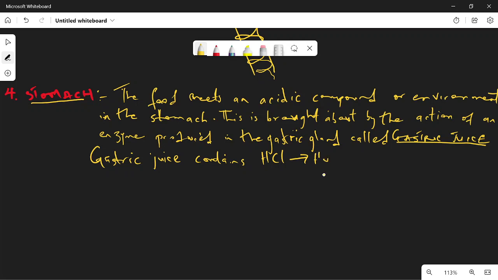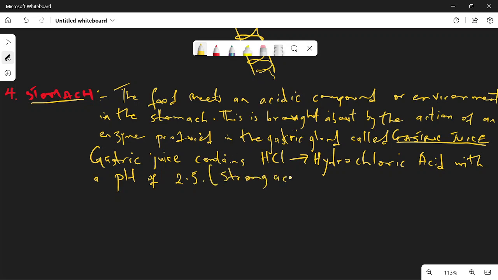That is hydrochloric acid. It has hydrochloric acid with a pH of 2.5. That is a very, very strong acid.